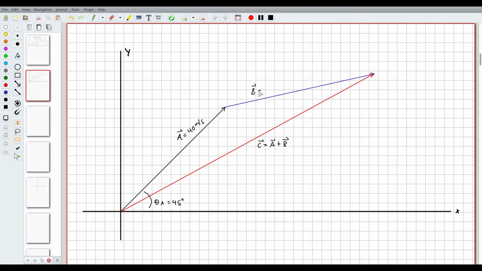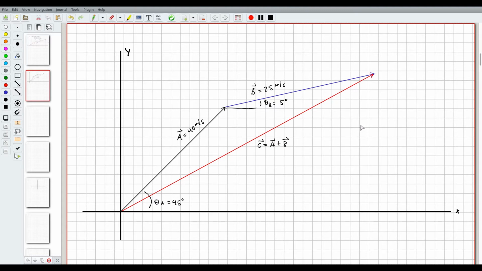B has a length of 25 meters per second, and the angle it makes with respect to the x-axis is 5 degrees.